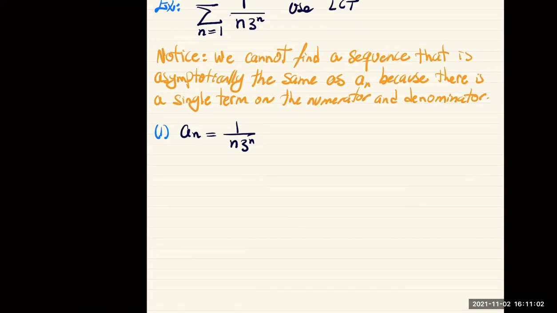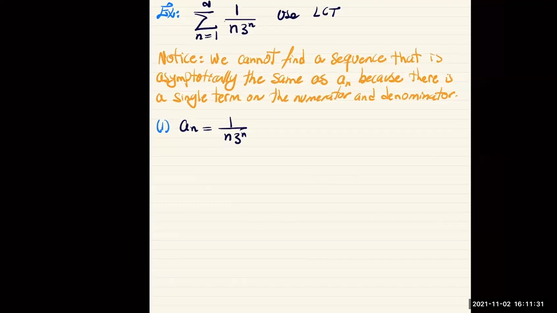The limit comparison, where the limit of a sub n over b sub n is 1 asymptotically, works the best if you have a fraction with multiple terms on top and bottom, or a sequence that involves sine of 1 over n, or a sequence that involves tangent inverse of n. Okay, but here we can't. So yeah, I can't do anything.